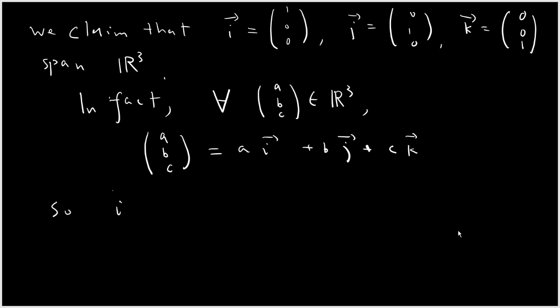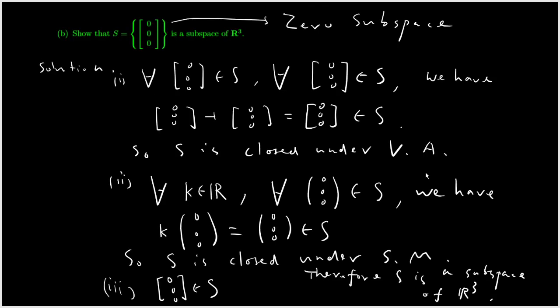So the three vectors i, j and k span R3. Spanning R3 means nothing but that every vector in R3 is a linear combination of the three vectors. So don't worry. We're going to go over some more convincing questions, and from that, you will see the meaning.